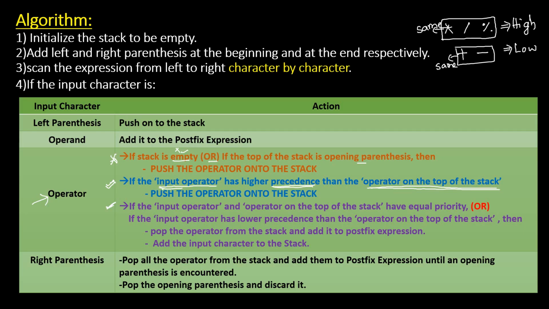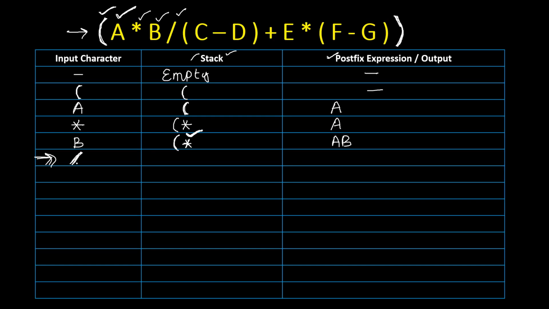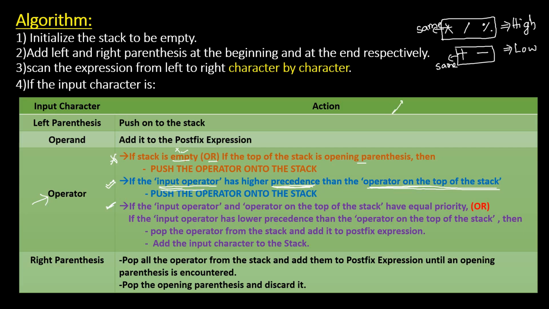See the second point. If the input operator has higher precedence than the operator on the top of the stack. Here what is the input operator? Input operator is division, right? I am writing here. And what is the operator on top of the stack?